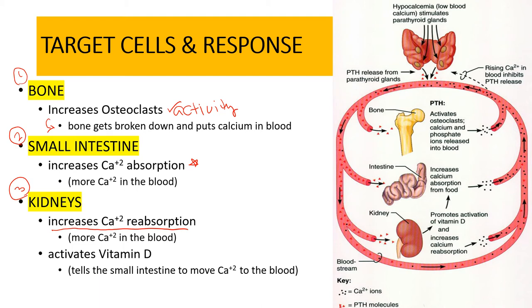Now, the kidneys also, if you remember, activate vitamin D, which is called calcitriol, the active form of vitamin D. Parathyroid hormone causes that activation. That means vitamin D is available to be that carrier molecule to allow calcium to get out of the small intestine and into the bloodstream.